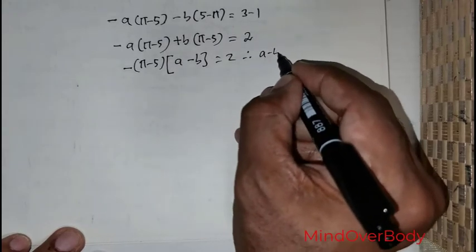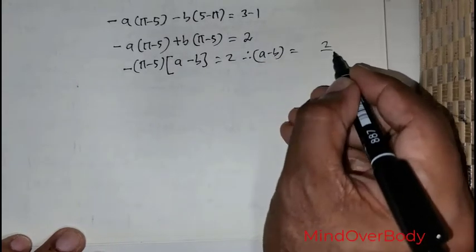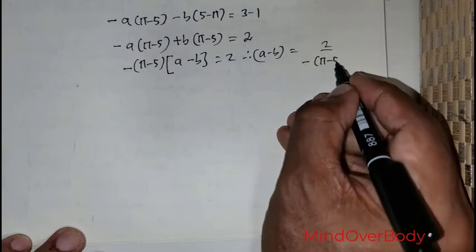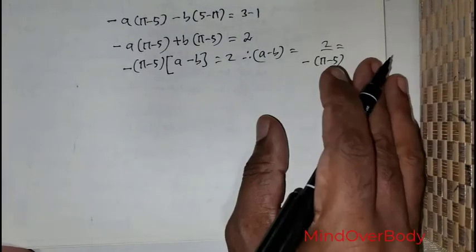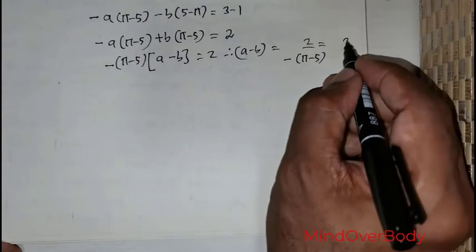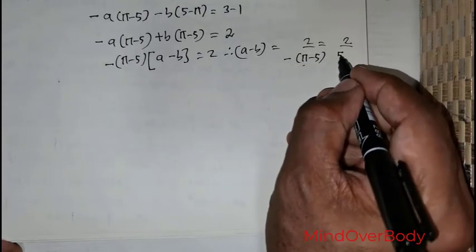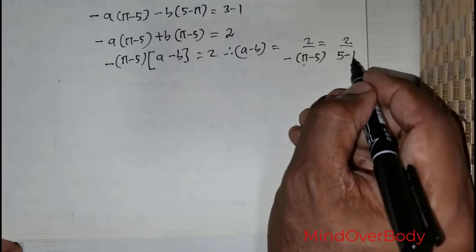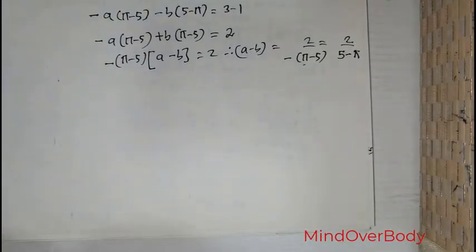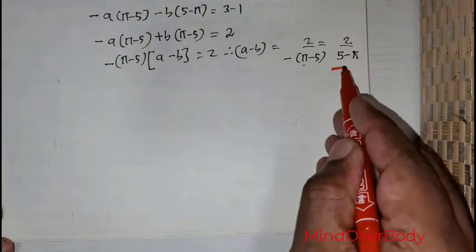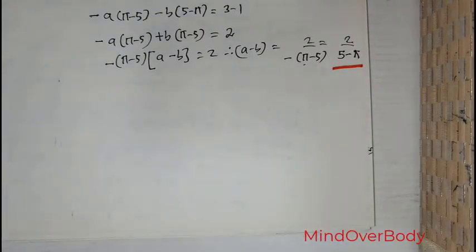So therefore a − b is equal to 2 over negative of (π − 5), which I can rewrite by taking a negative sign out. If I were to take a negative sign out, this will become positive. So this is going to be 2 over (5 − π). So that is a good place for us to draw the red line. So that completes the solution for this question.